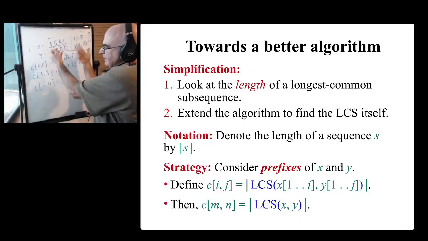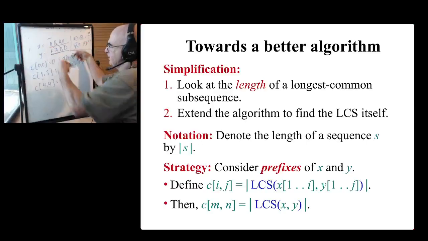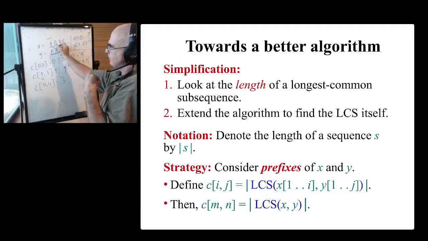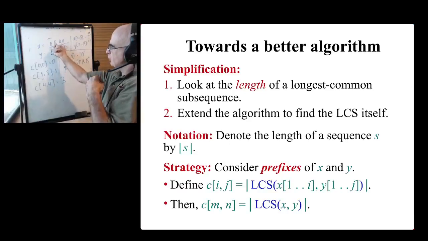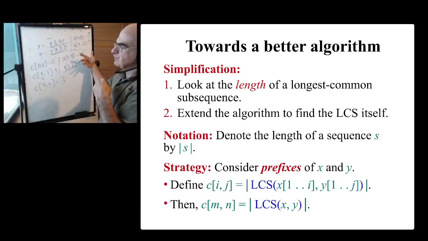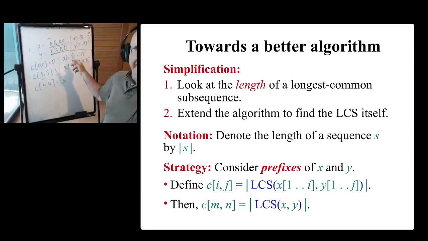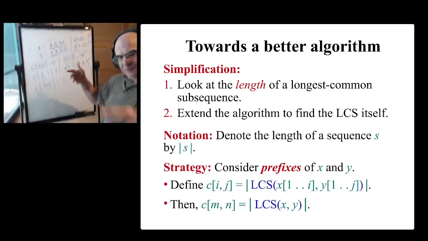And the way we will get a solution to the larger problem of long X and long Y would start by computing LCS of very short sequences and then let them grow somehow. You don't know exactly how to let them grow, so you'll have multiple options.